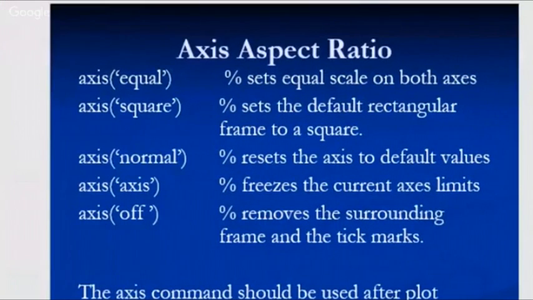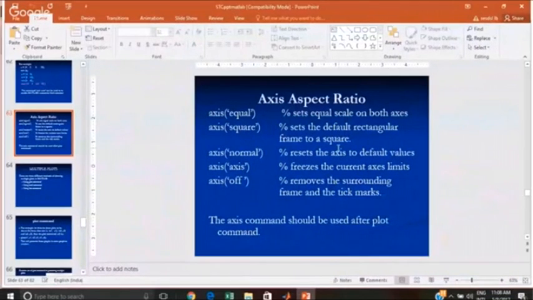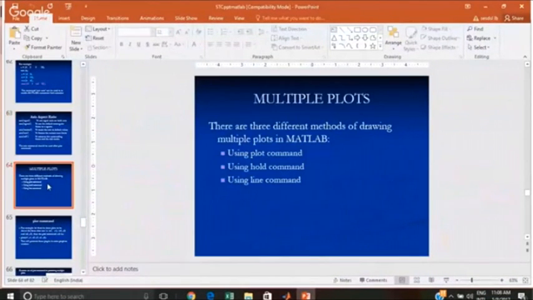See, axis equal sets equal scale on both the axes. Axis square sets a default rectangular frame of a square. Then axis normal sets a default value. Then axis image freezes the current axis limit, and axis off removes the surrounding frame of the tick mark. Okay, so these will remove the axis itself because axis is having a boundary. So these are some of the axis commands.